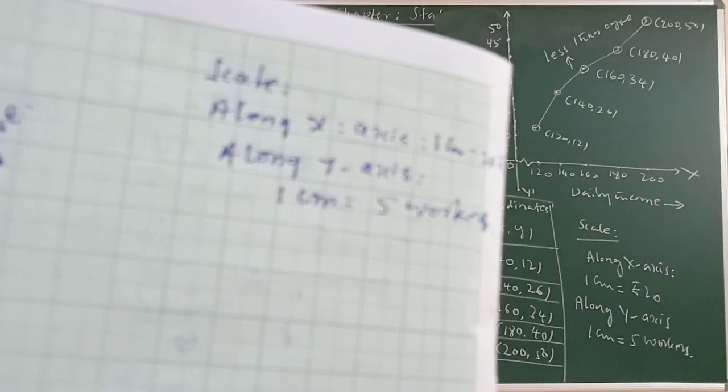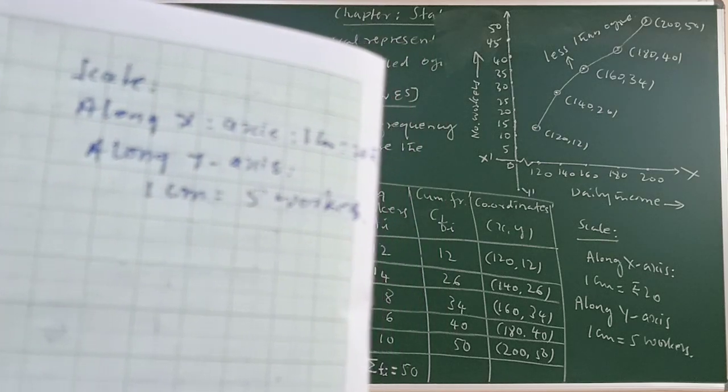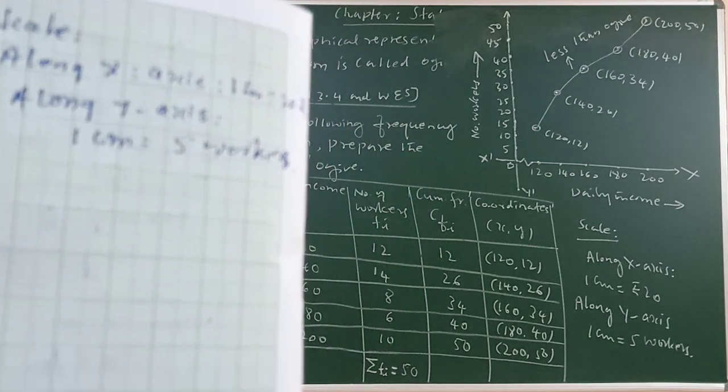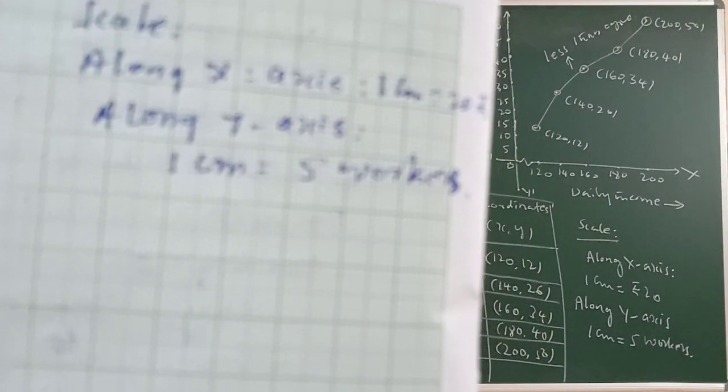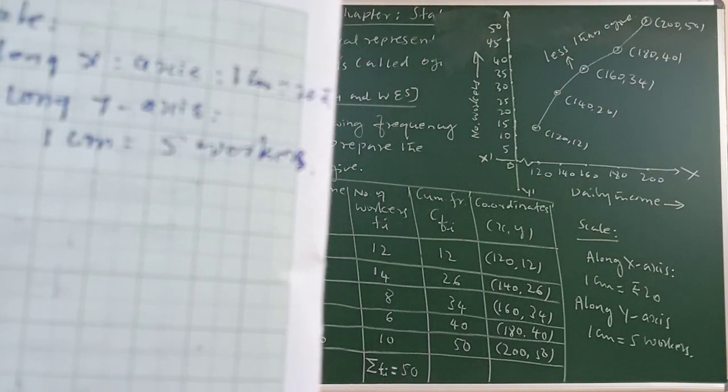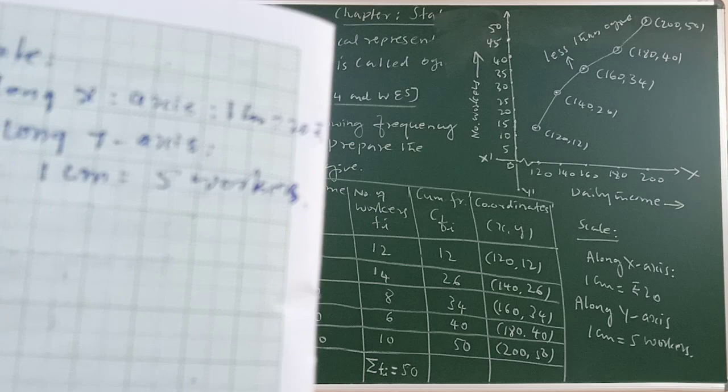Here the scales are suitable. Scale along x-axis 1 centimeter denotes rupees 20. Next, along y-axis 1 centimeter equal to 5 workers.